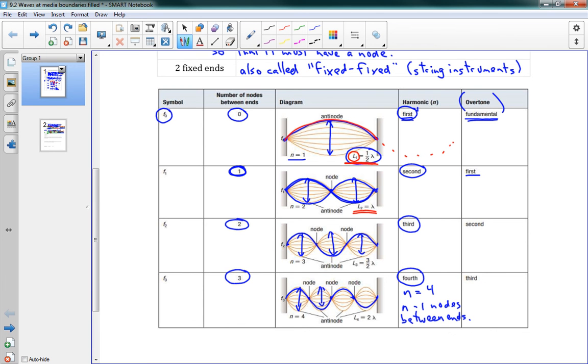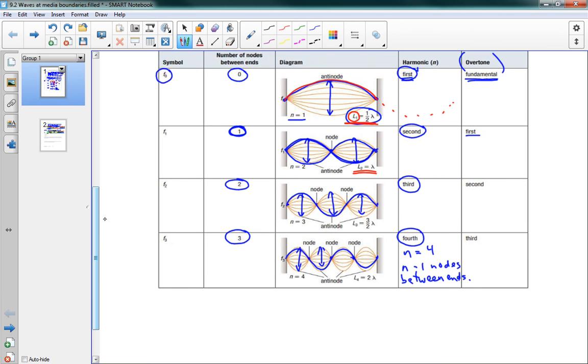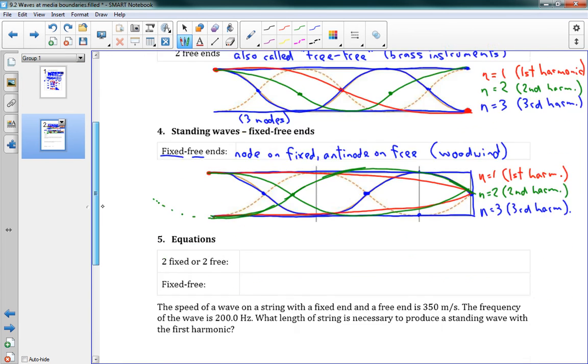And L3, you can see we've got 1, 2, so we've got 1.5 wavelengths there. So L3 is equal to 3/2 of a wavelength. And L4 is 2 wavelengths. It goes like this, and like that again, 2 full wavelengths. So this is our relationship here, and if we want to actually calculate those, we have some equations.